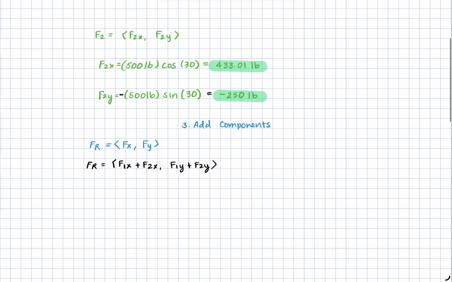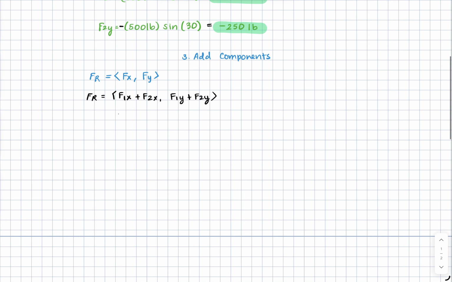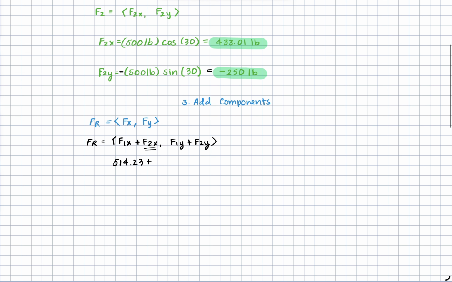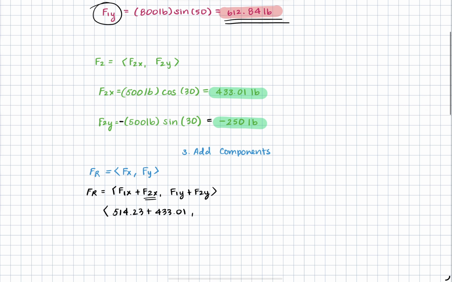So F1x, going back over here, we know is 514.23. 514.23 plus F2x, which is right over here, is 433.01, and this would give our x component. And for the y component, we're going to add 612.84, which is F1y, plus negative 250 for F2y.